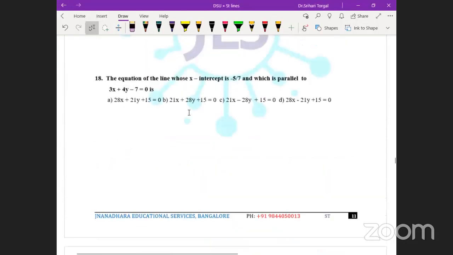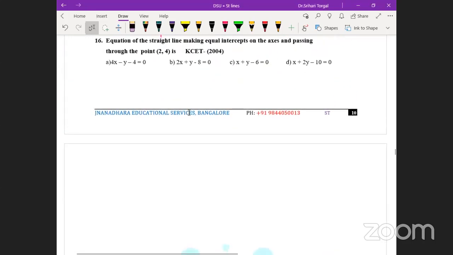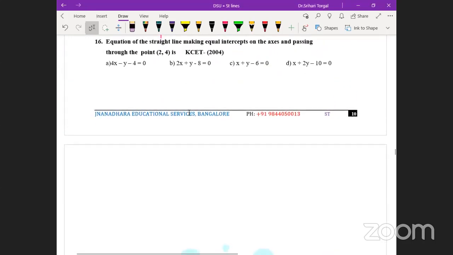Okay. Now, let me move on to the next problem. Equation of the straight line making equal intercepts on the axes and passing through the point (2, 4).